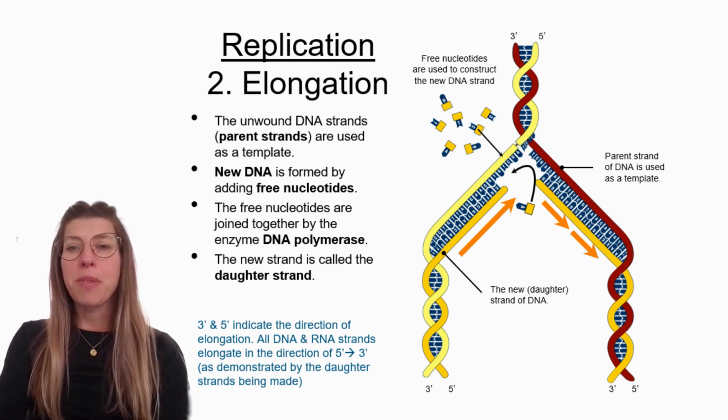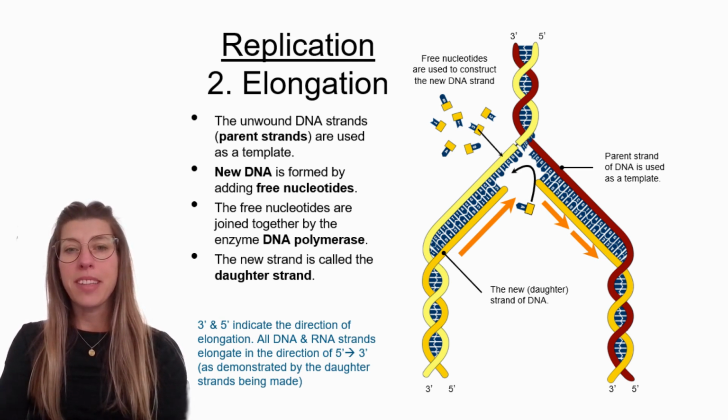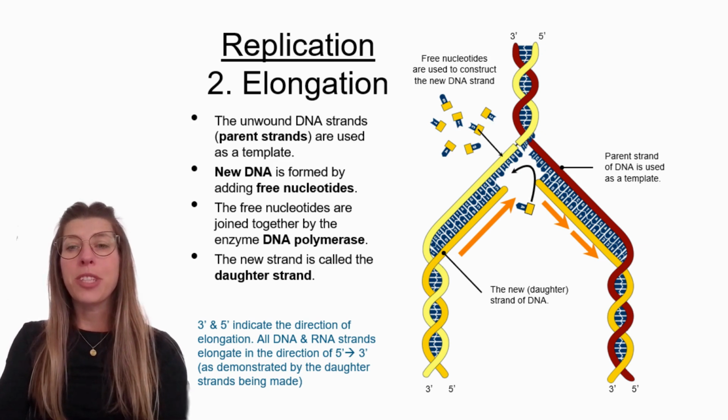It actually starts at the replication fork at the 5' end, and it ends up adding new nucleotide bases along it. And you can see the 3' end is at the bottom there. They always run anti-parallel with the parent strand as it forms new ones, just as regular DNA structure dictates.